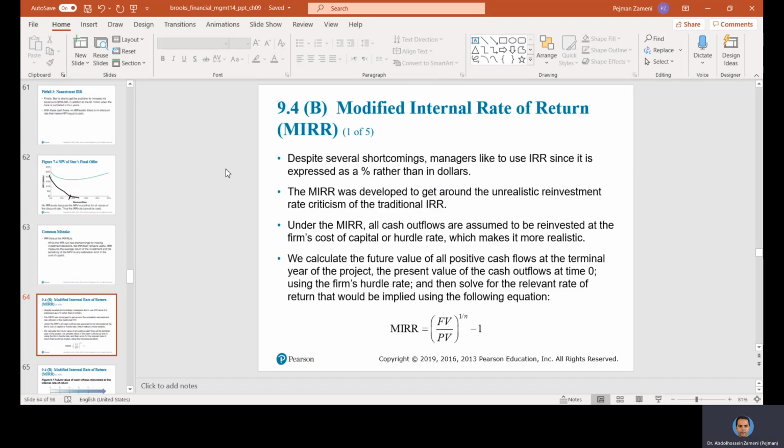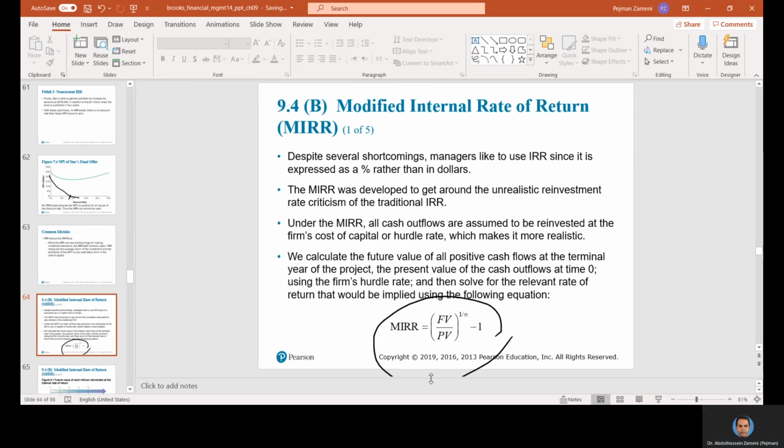Okay, now due to some flaws and pitfalls of the IRR, there is another method that can overcome some of those issues, which is called MIRR, meaning modified internal rate of return. Despite several shortcomings, managers like to use IRR since it is expressed as a percentage rather than in dollars.